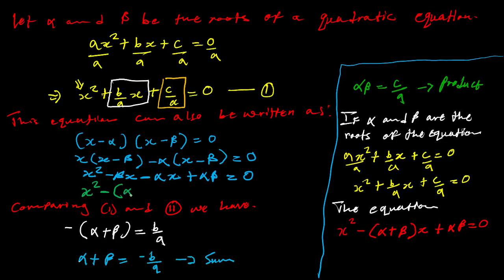So I'll write alpha plus, because negative times negative is positive, plus beta open bracket, and then that x there, instead of putting it in front, I'm going to put it behind, then plus alpha beta, which should be equal to 0. So that's how easily you can come up with equation 2.